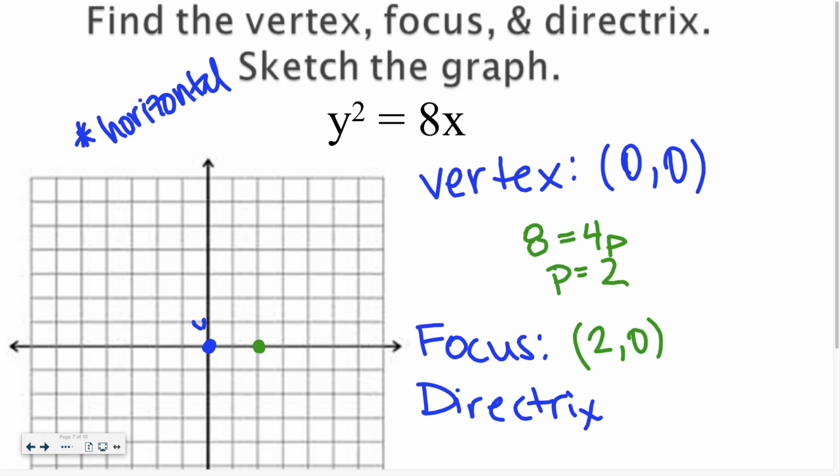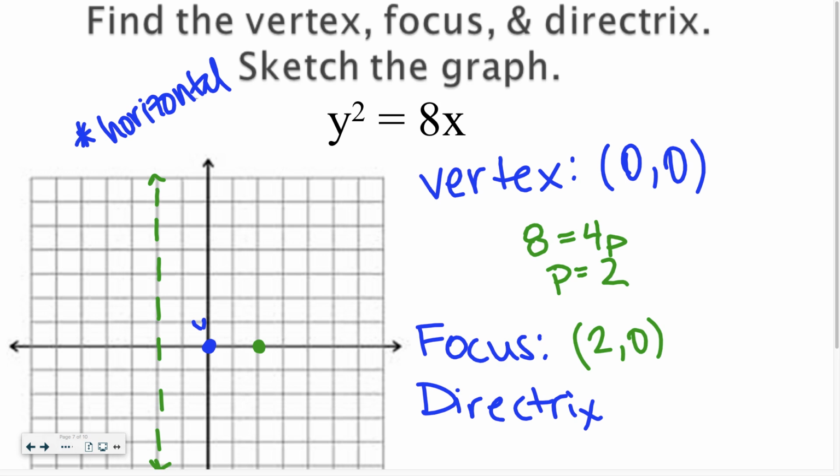Also, I know that the directrix is 2 units outside of my parabola. From the vertex, I'm going to count P units away, so 2 since P is 2, and I am going to draw a line that is perpendicular to the axis of symmetry.